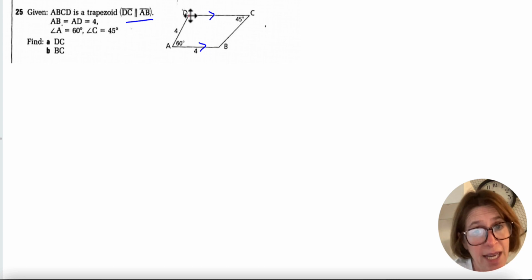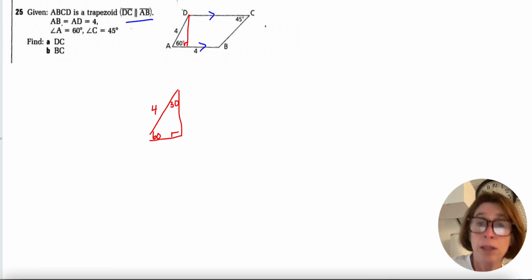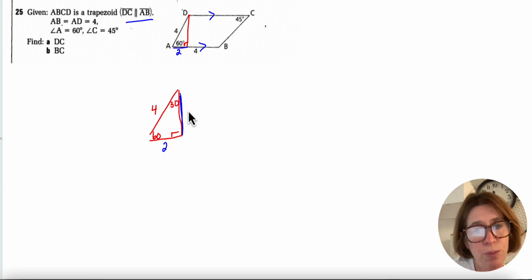So I'm going to look at D and drop an altitude. Now I have a right triangle with 60, 30, and a 4. That's going to be helpful. I know that across from 30 would be 2, so this little piece right here would be 2, and this leg right here would be 2 root 3.